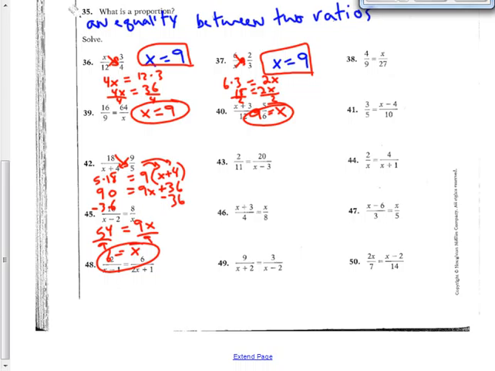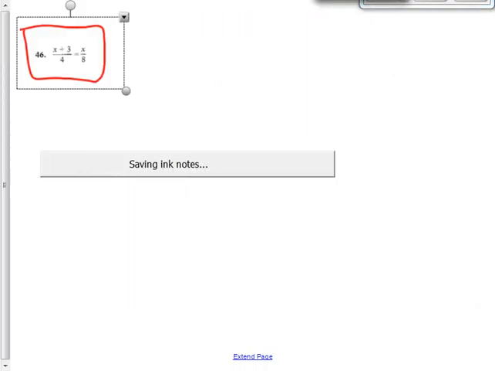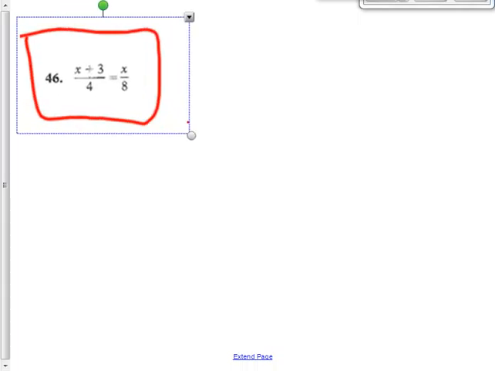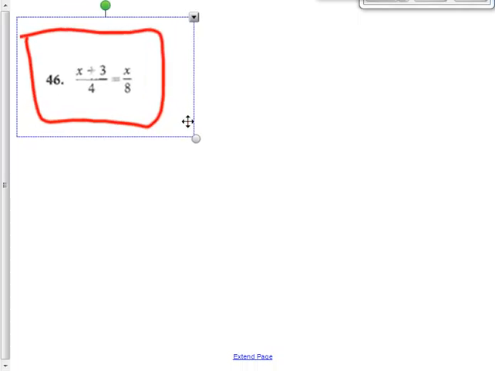But when I look at number 46, I'm going to take this to a different page because it is a little bit longer than what we have here. So we've got x plus 3. Actually, let's just do this. Let's take a nice little picture. All right. So when I'm looking at this one, I'm going to end up with a much different process here.